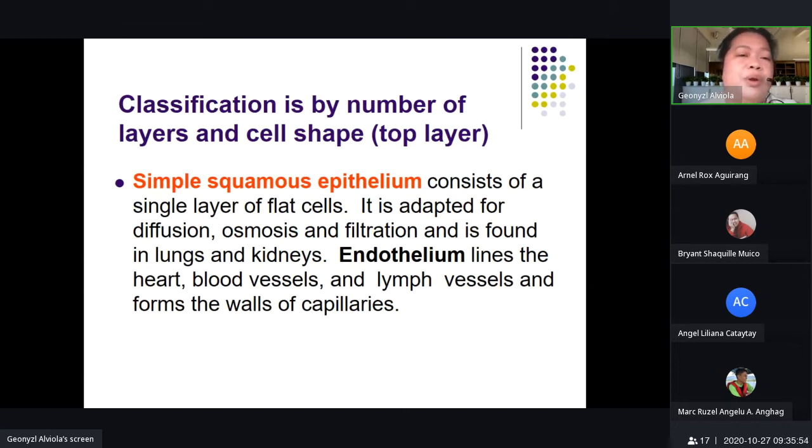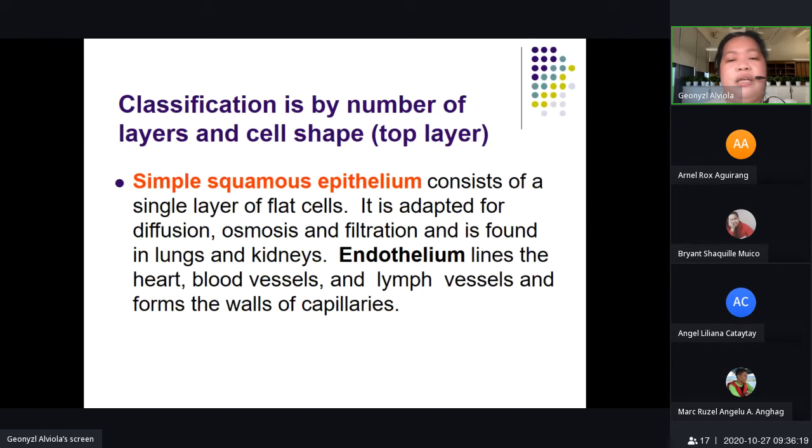Classification is by number of layers and cell shapes. At the top, we have the simple squamous epithelium, which consists of a single layer of flat cells. If you combine the cell type and the number of layers, that is how we derive the names of epithelial tissues. Number one, we have the simple squamous epithelium.